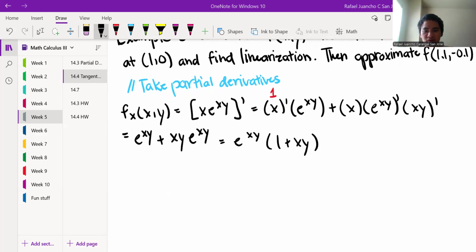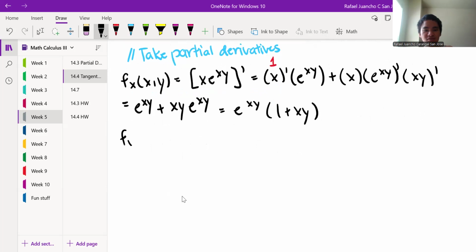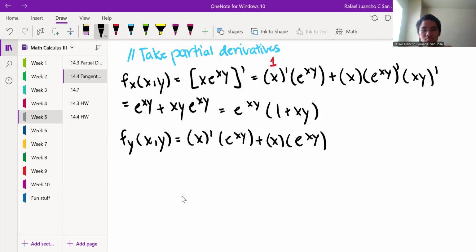Now, let's try doing it again for my f sub y. So let me just set it up. Okay, here I treat my x as a number. So this is 0.